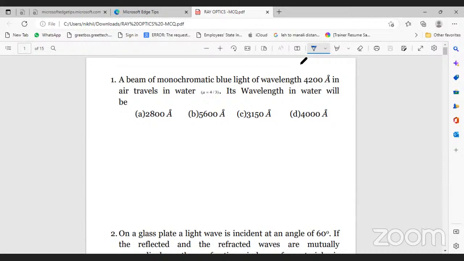A beam of monochromatic blue light of wavelength 4200 angstrom in air. What is the wavelength in air they have given? 4200 angstrom. What is the refractive index of water they have given? 4/3. What wavelength are they expecting in water?